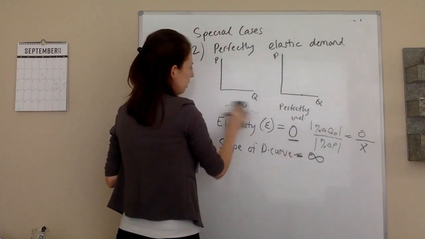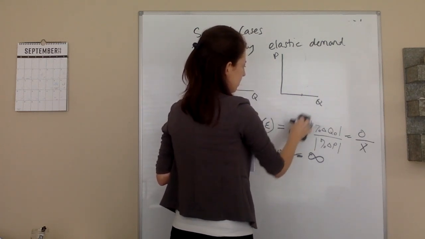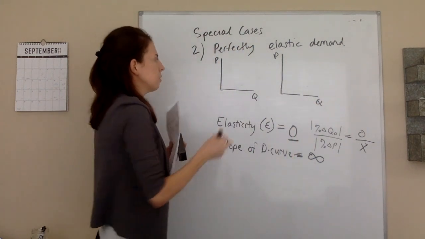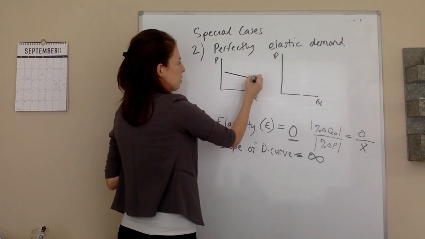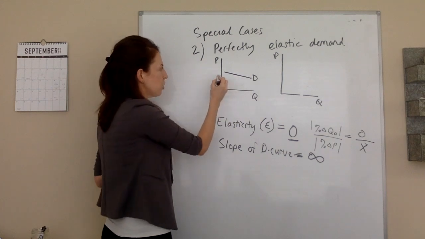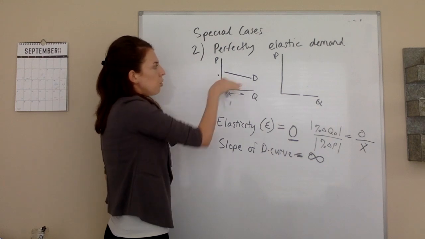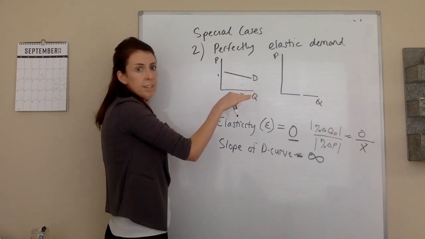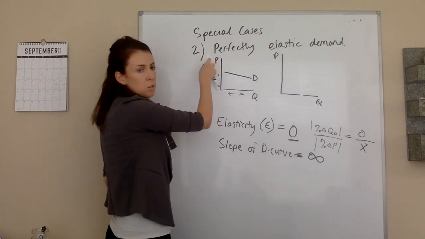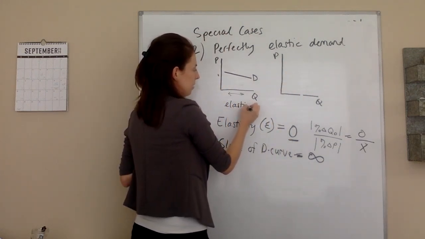In general, if you have a demand that is elastic, the demand curve is going to be relatively shallow in terms of its slope. Elasticity means people are super responsive to price changes. So if you change the price a little bit, you get really big changes in the quantity demanded. The flatter and flatter it gets, the more elastic it gets. So if it bottoms out and gets to a horizontal line, that's going to correspond to a perfectly elastic demand. So this is going to be an elastic demand.